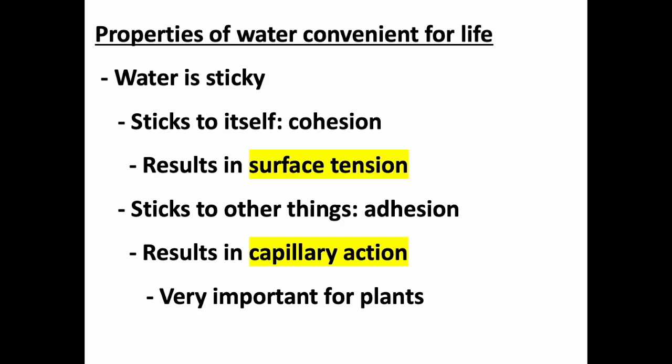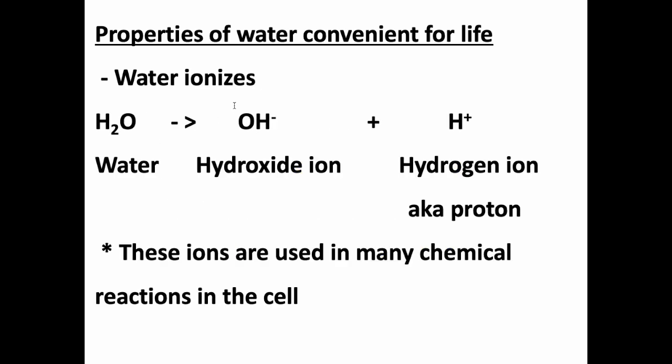Now, there's another important property of water, and that is the fact that water ionizes. So we know what an ion is. We defined that earlier. It's something with a full positive charge or full negative charge. And this is something that water just does on its own. You've got H2O, water. It can break apart into OH minus and H plus.